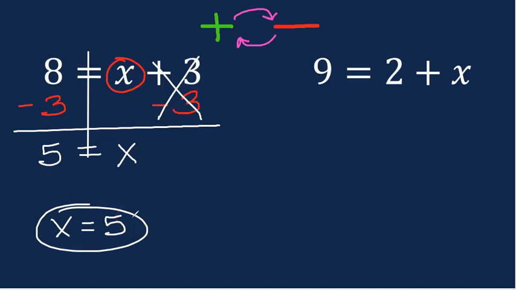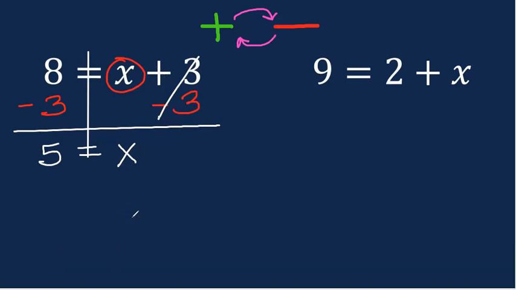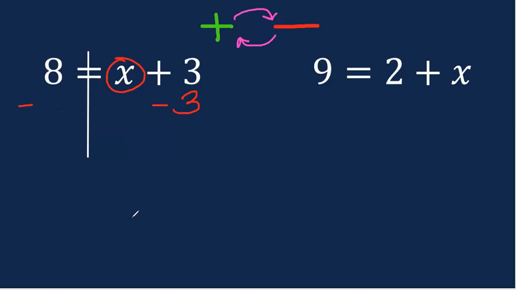Now, as promised, I'm going to show you a trick, and this really doesn't work once you get into much more complicated equations, but it can work to get you familiar with equations right now. Because we anchor this equal sign, we can actually spin this equation around.